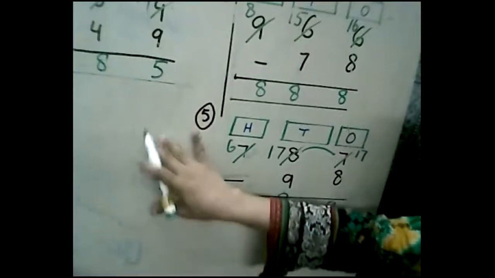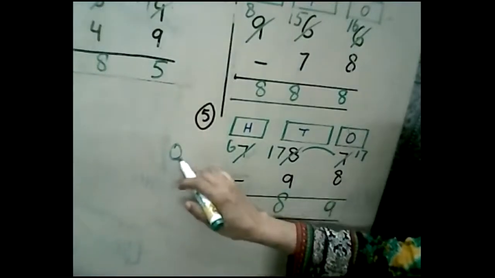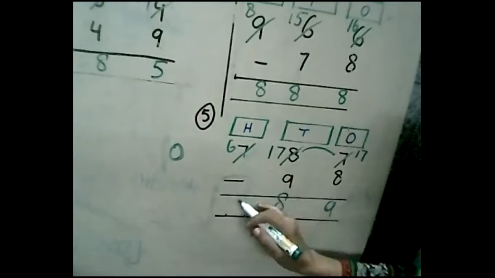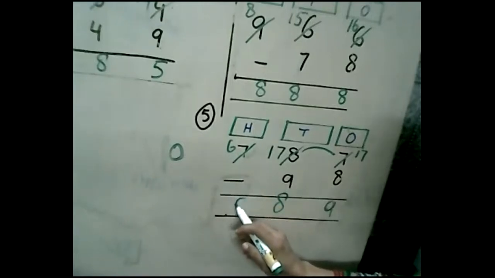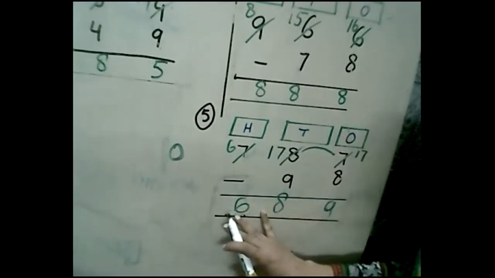But simple alone, 0 has no value. So when we subtract 0 from 6, there is nothing, it means 0. 0 from 6, so there will be 6, right? So 9 ones, 8 tens, and 6 hundreds, right?